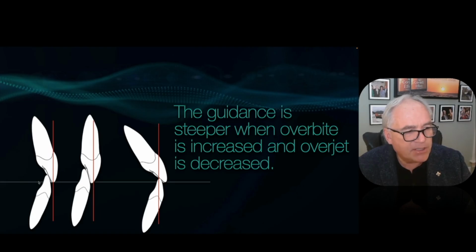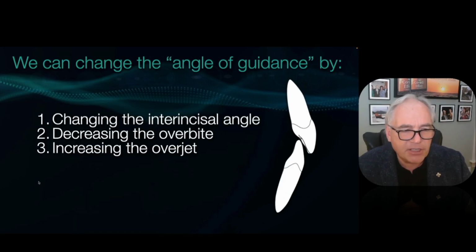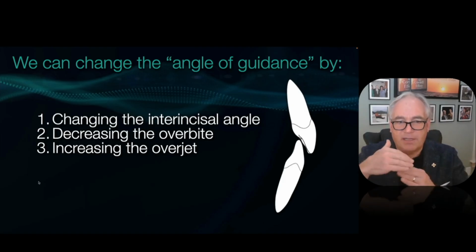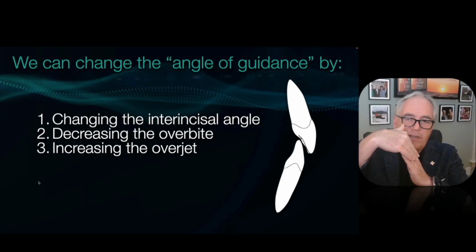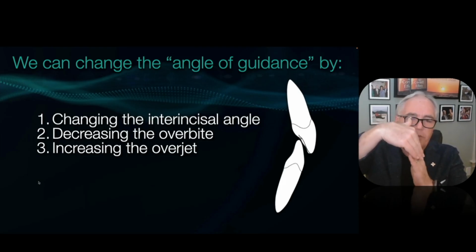So the guidance is steeper when overbite is increased and overjet is decreased. That's a pretty good rule of thumb. And if we're trying to fix this, remember we can affect change here by either changing the interincisal angle orthodontically. We can decrease the overbite either by intruding lower teeth or changing vertical dimension.